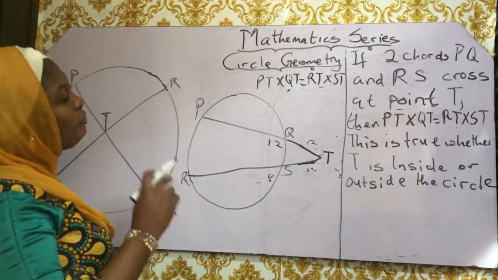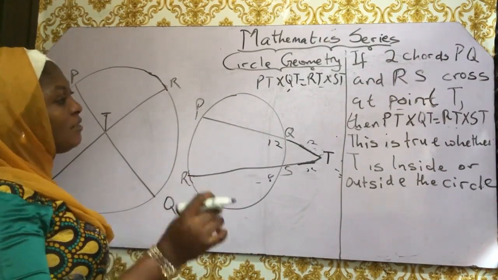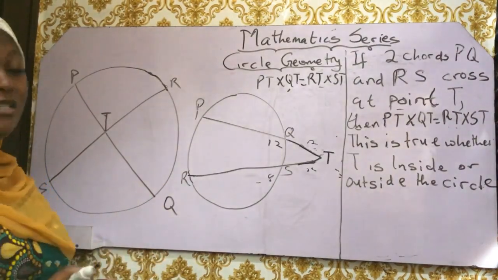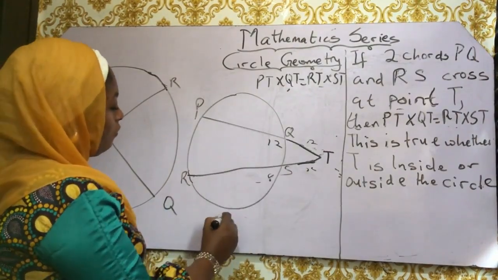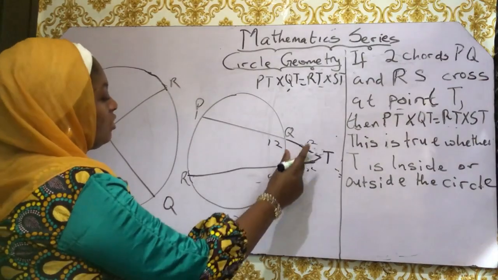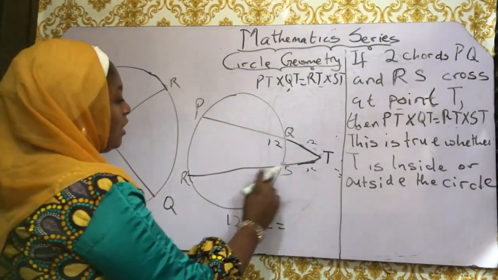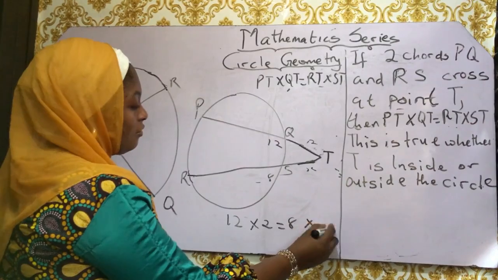From the rule, PT times QT is equal to RT times ST. I'm using just one of the circles, though the rule stands for both of them. So PT, which is 12, times QT, which is 2, is equal to RT, which is 8, times x.